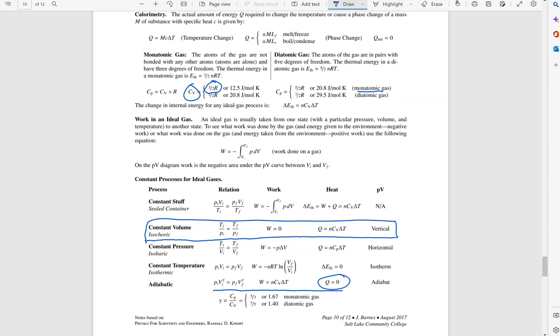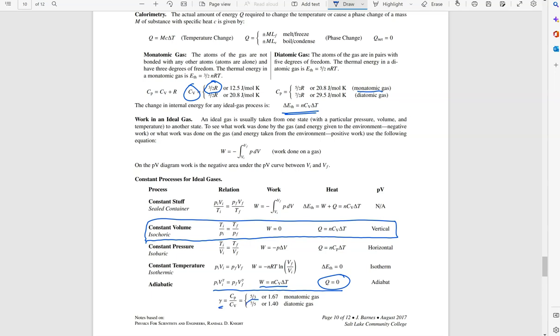Adiabatic is characterized by Q equal to 0, so no energy exchange by way of heat, which leaves us with work equaling the change in thermal energy, which is why work is written as nCV delta T, because the change in thermal energy up here is nCV delta T. We also have this relationship that P initial V initial to the gamma power has to equal P final V final to the gamma power. Now gamma is a constant.